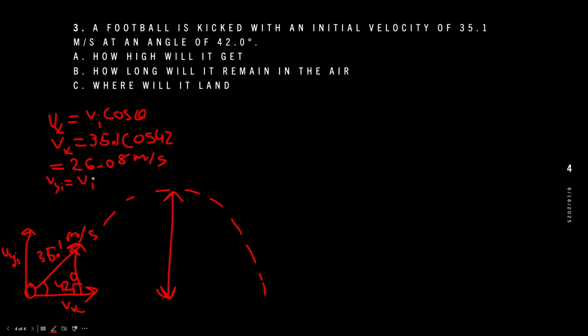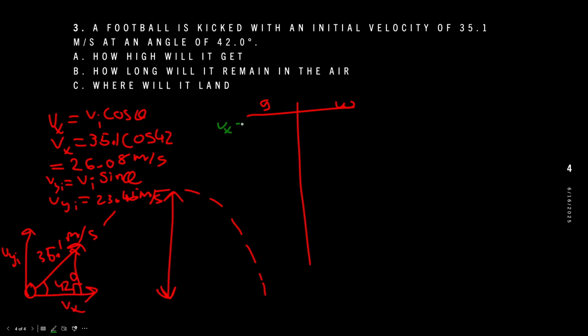Then we could do that for Vyi too, but we just use sine instead of cosine. So Vyi equals Vi sine theta. And then just plug the same numbers in, and then Vyi equals 23.49 meters per second. Now we could draw our table, and we could start off with our x components this time.